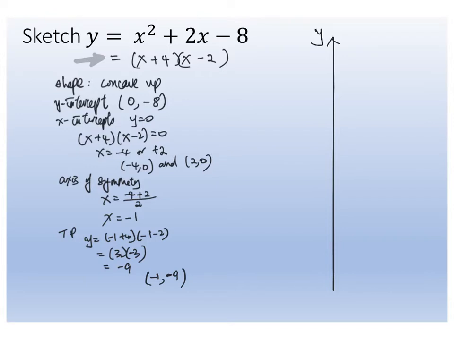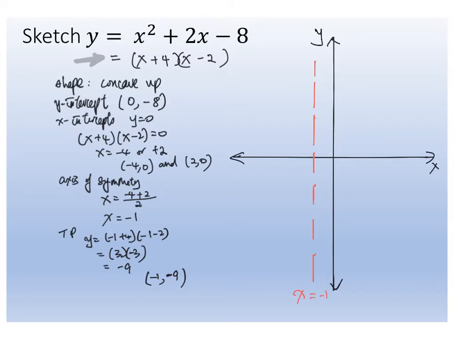Remember, use a ruler. Always use a ruler. Sometimes for iPad it's harder for me to use a ruler, so I do it by freehand. But this time I actually got a guide of a ruler. I'm going to start off with the axis of symmetry, x equals minus 1. So I will just do a dotted line and label it as x equals minus 1.